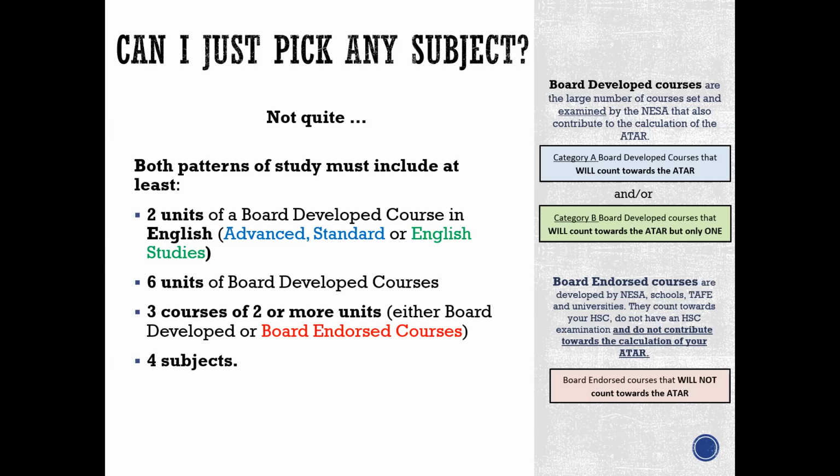For example, students wishing to complete an ATAR pathway are encouraged to select Category A blue board courses. If they wish to complete a Category B green subject, they must be aware that only one will be counted in their best 10 units or 5 subjects for the ATAR.